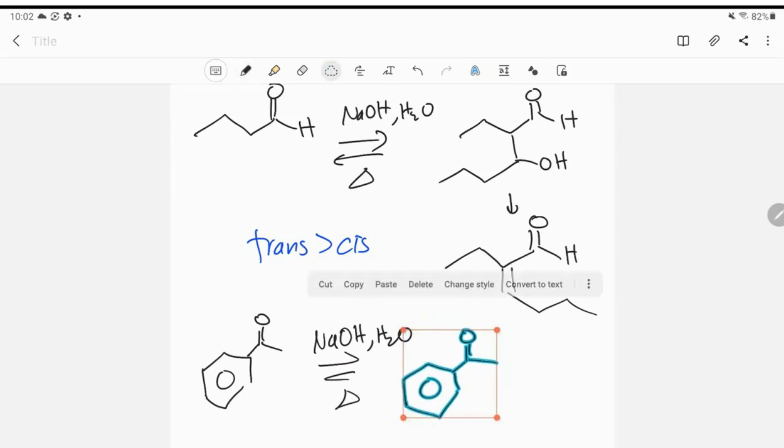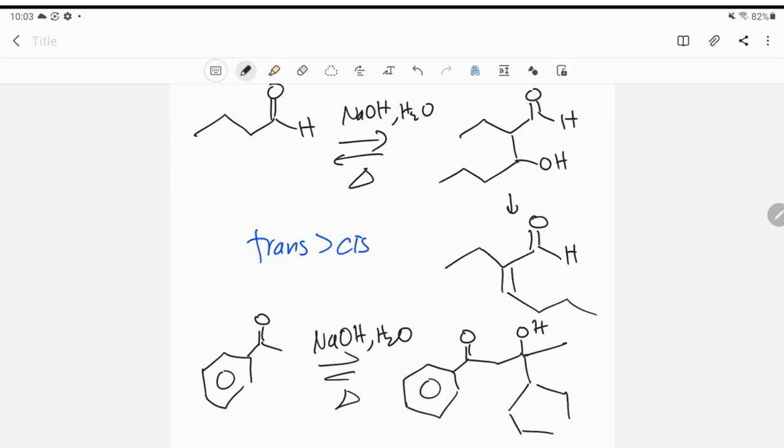Let me move this over just a little bit. So that carbonyl carbon on it will have the OH. Let's look at what else our carbonyl carbon had. It had a methyl group and a phenyl group. So we have a methyl group and a phenyl group. And so we will end up, this is a carbon in between. I hope that's obvious. Oh, it's ugly.